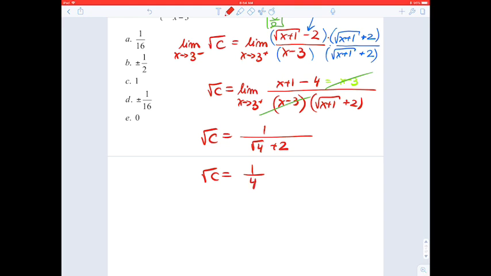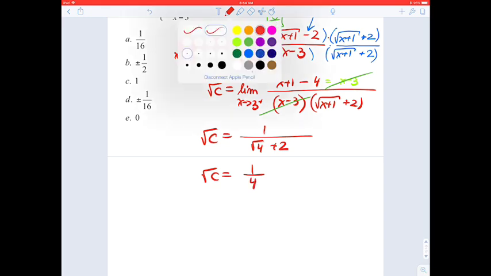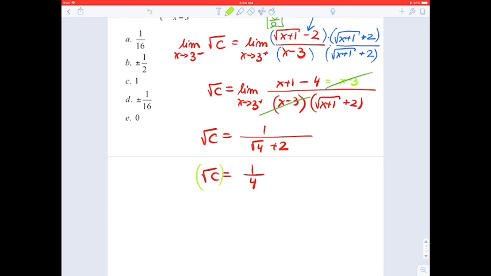Okay, now in order to solve this, I have to square both sides because I have to get rid of the square root. Squaring the square root of c is just c, assuming that c is positive, but I think c is positive.